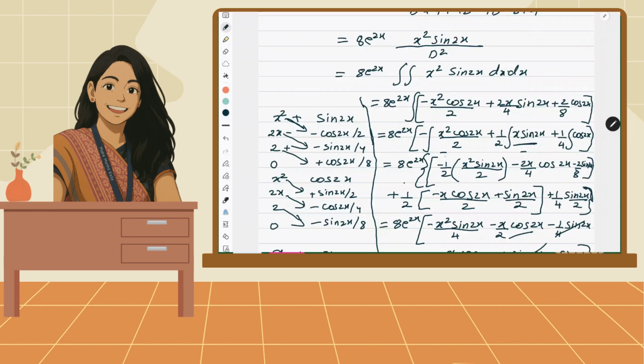Now see, when I took minus 1 by 2 common, this expression, minus 1 by 2 is outside the integral, and here I have put it only in the first term and I forgot to put it in the second term. Correct, in the second term I have not put it. That is the reason I was getting a different value than the expected value.